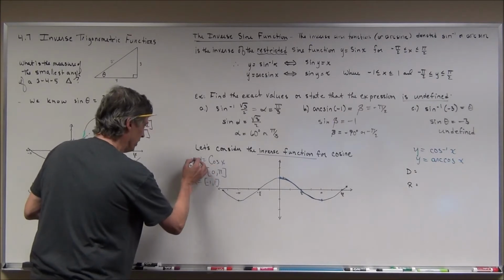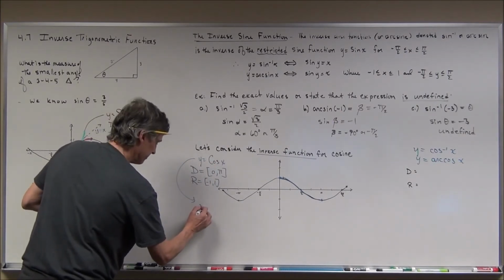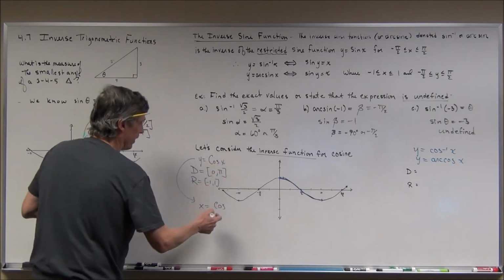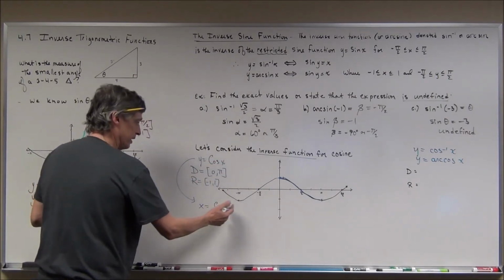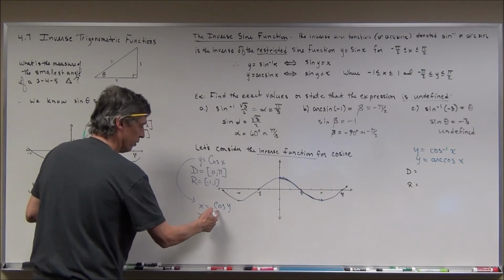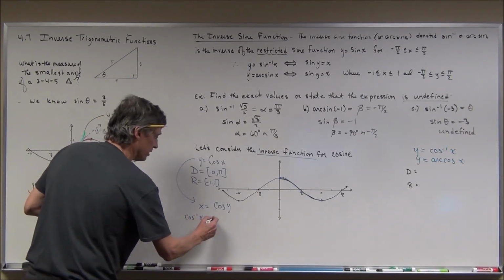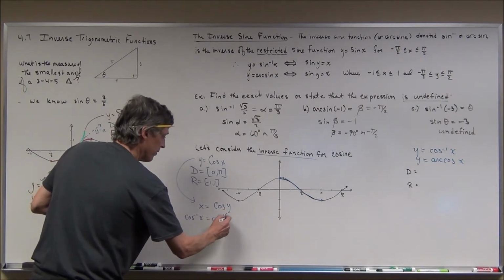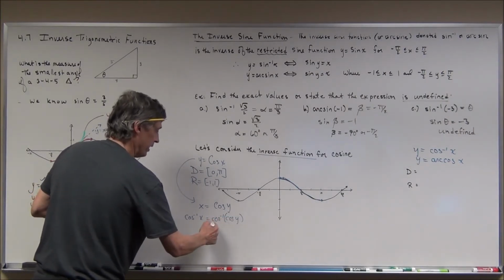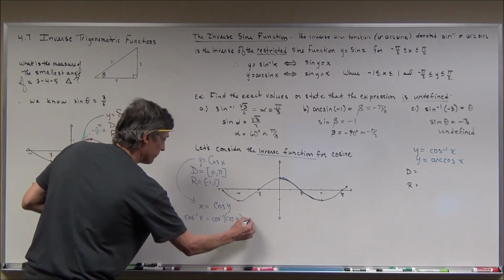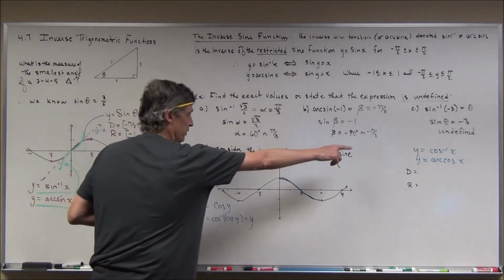I would have to switch these around. x equals restricted domain cosine of y, and then solve for y. Well, I have to get rid of the cosine, so I take the inverse cosine of both sides. And the inverse cosine of this restricted cosine is going to be just y. And that's how I come up with this notation.